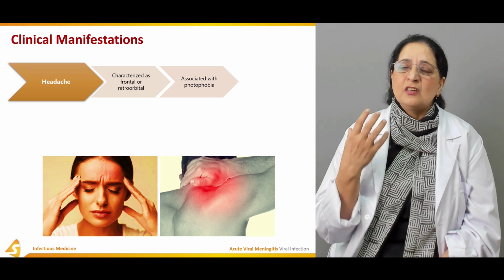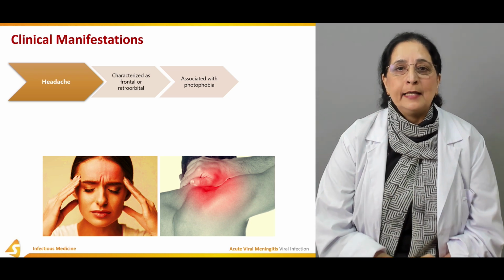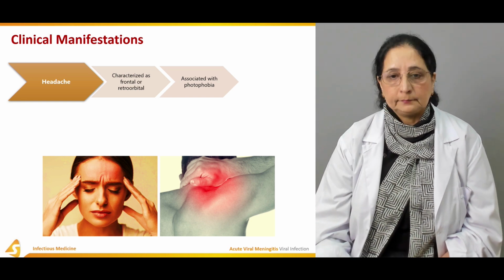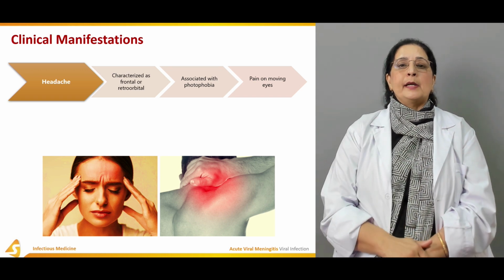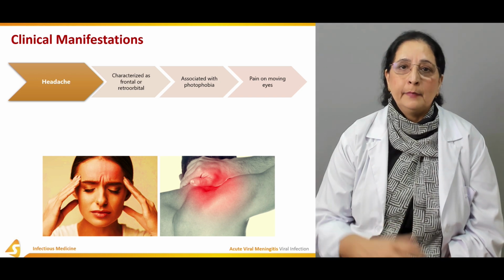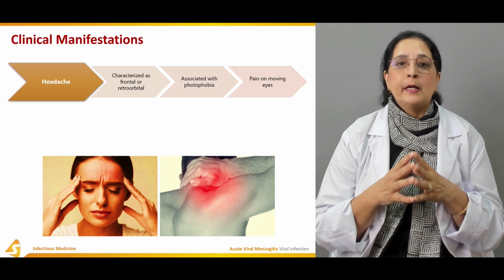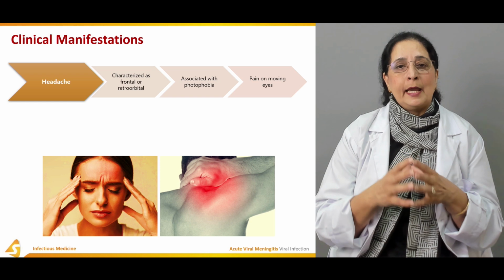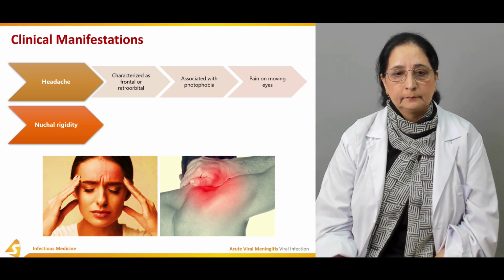The patient does not like the light. Photophobia, fear of light. They want to stay in the dark. Pain on moving the eyes is present because of the retroorbital pain. When the eyes are moved, the patient has pain. So these are some characteristics of the headache associated with meningitis.